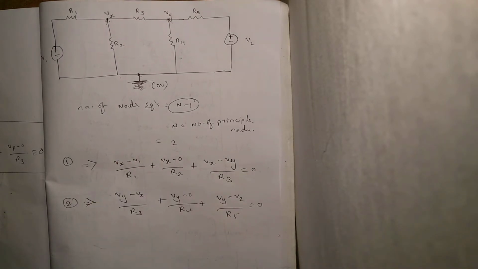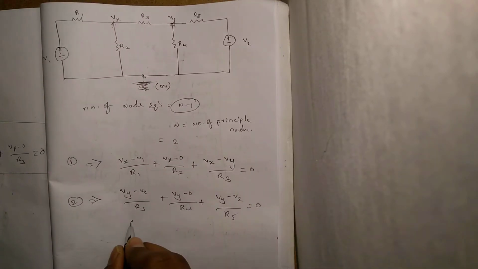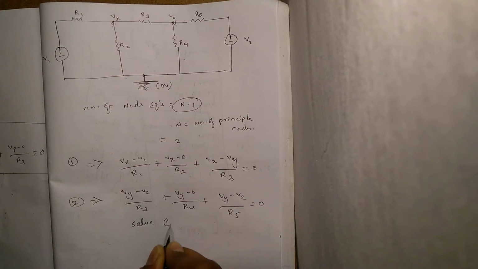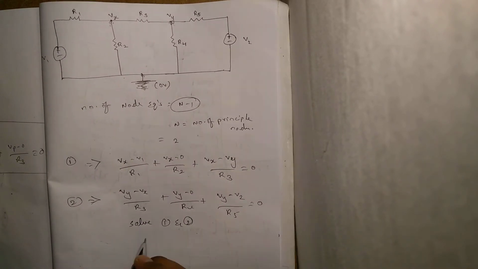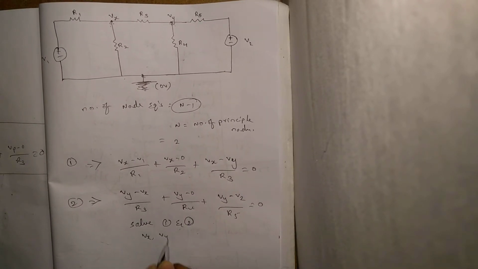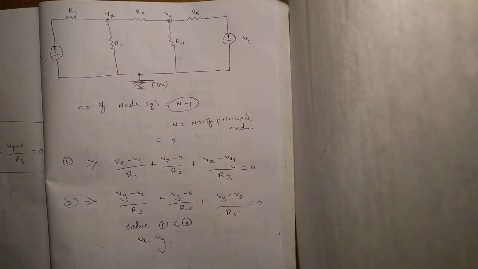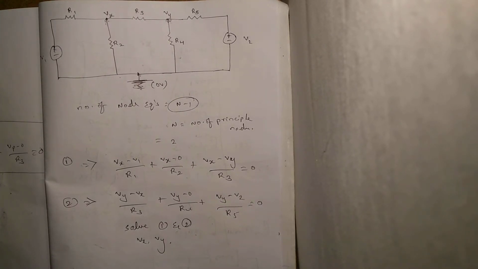This is your equation number 1, and this is your equation number 2. When you solve equations 1 and 2, you'll get Vx and Vy. So this is one example based on nodal analysis.